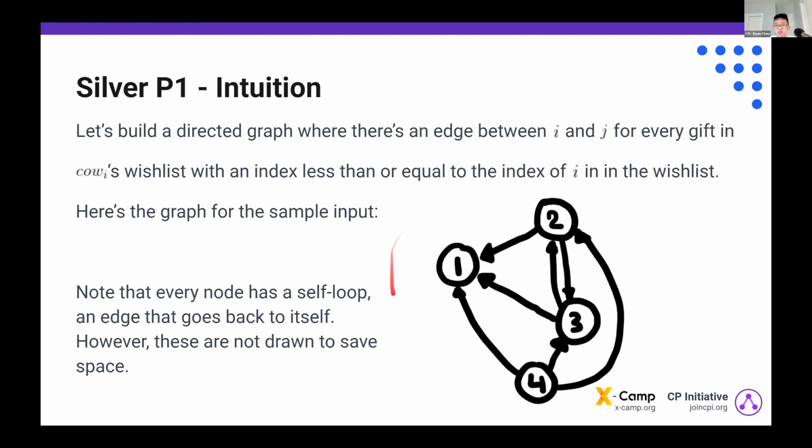And here's the graph for the sample input. 2 wants 3, and then 3 wants 2. Every node also has a self loop because they also want their own gift in the worst case. In the actual graph there'd be self loops, but I didn't draw them because they take up too much room.